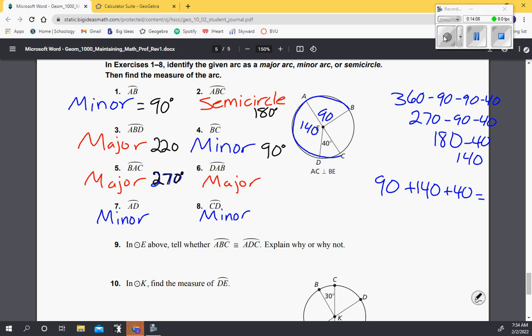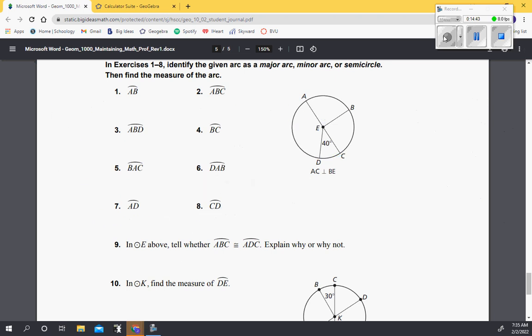Next angle, DAB, which is 140 plus 90, which is just 230. AD, I already found that angle, it's 140 degrees. And CD, which they give us, is 40 degrees. So it's really just a bunch of simple addition or subtraction to find each angle. And moving on.